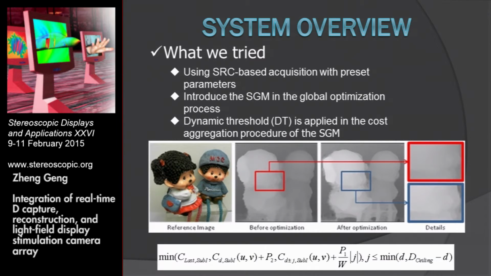And also we use a dynamic threshold to get more accuracy in our results. Because in the original semi-global matching, the threshold is static, and we modify it so the result is more fine, as we can see from the picture. The edge is more obvious.